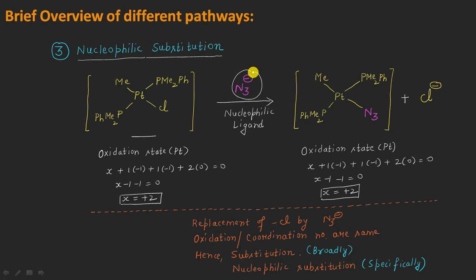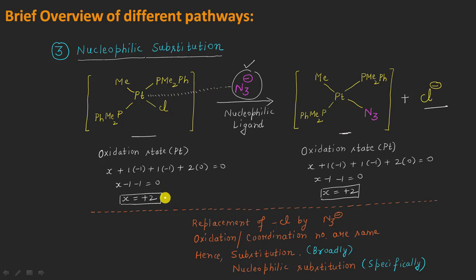It will be attacking the platinum and the chlorine bond, resulting in the release of the chloride ion out of the system, because it is a good leaving group, right? And what is happening here is that now the nucleophilic ligand or the new ligand is forming a bond with this platinum central metal ion, resulting in the formation of this complex here, right?